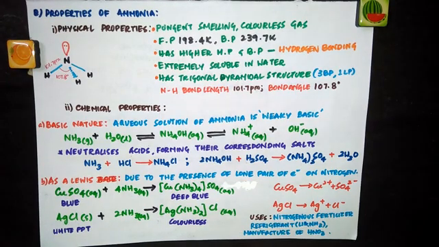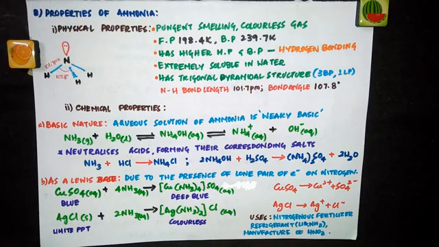And ammonia has a trigonal pyramidal structure. It actually has 3 bond pairs and 1 lone pair. Because of bond pair lone pair repulsion, which we have already seen in the previous video when we studied hydrides, this is the structure of ammonia. And I told you it has 3 bond pairs and 1 lone pair. So because of that, the bond angle is 107.8 degrees.